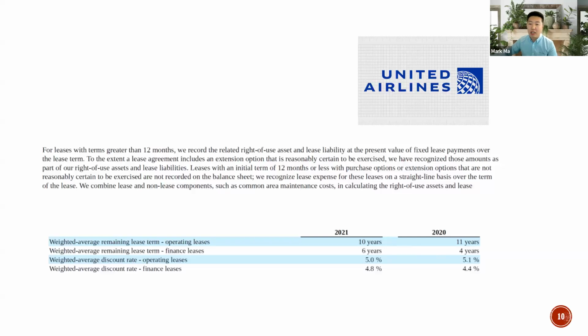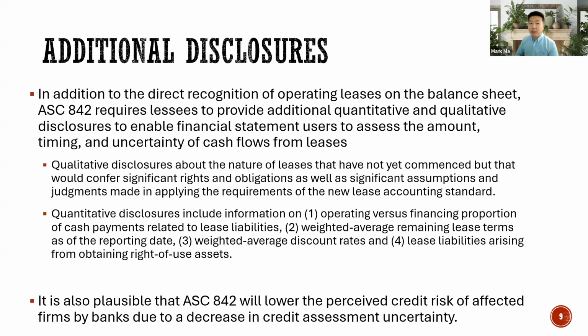So now we know exactly what these numbers are. Therefore, maybe it's plausible that ASC 842, instead of hurting firms' financing capacity, will lower the perceived credit risk of affected firms by providing more information and reducing the uncertainty about their operating needs and behavior.